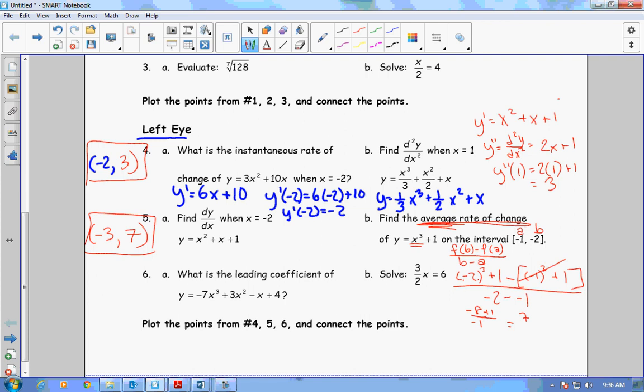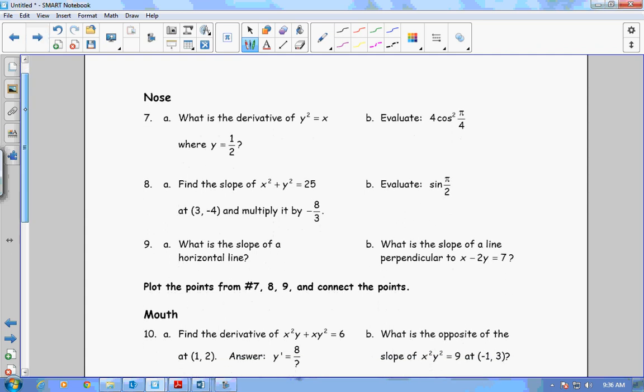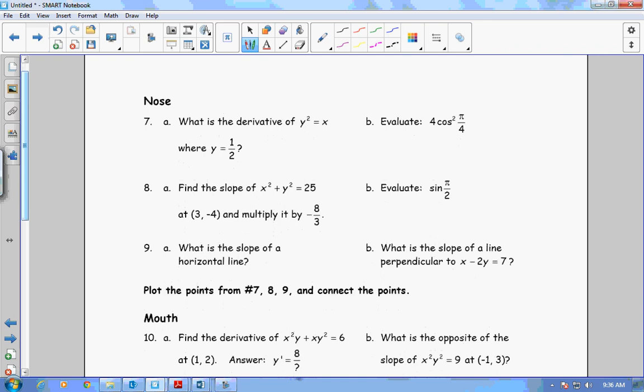Flip to the back. Ooh, there are some trig functions. Let's review some of those. You want to do the whole thing, and then it draws a nice little picture. 7a is what we're actually going to learn today.